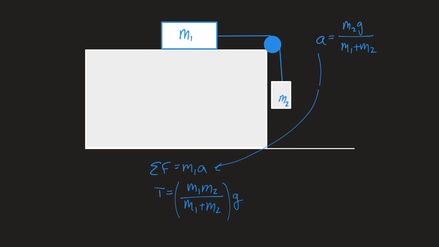If we look more closely at this, though, as M1 becomes small, then we'll get M2 over M2, and it'll approach G, but it'll never be G. If M2 becomes small, it's likely that the system won't accelerate at all.